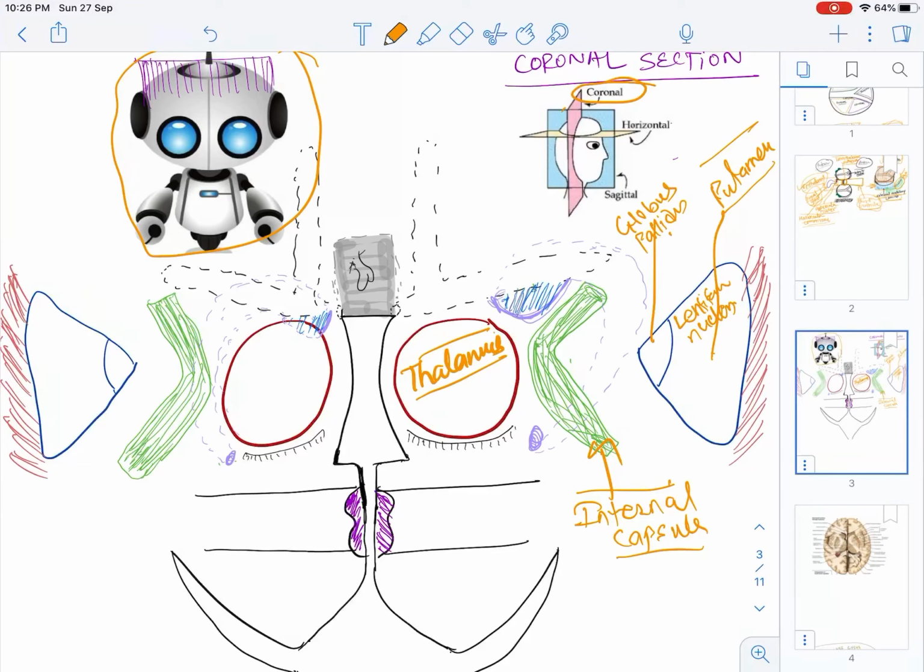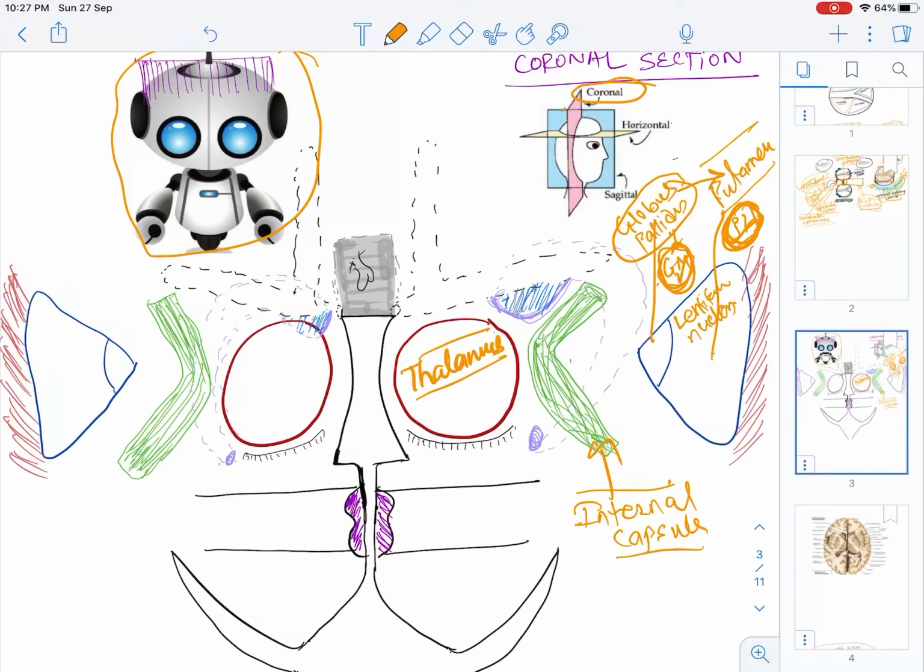Remember it like this: globus pallidus is the medial structure. How to remember? Remember good morning, GM. So globus pallidus is medial, and for putamen, remember PL, putamen is lateral. Either you can remember GM or PL, whichever works. I remember it the GM way: globus pallidus is always medial.